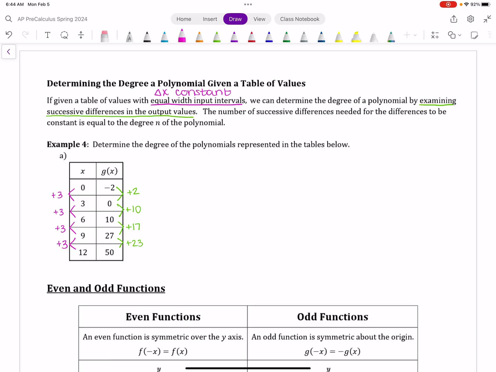So this is the first difference, and because that is not constant, that tells us that g of x is not linear. So then we want to look at the second difference.